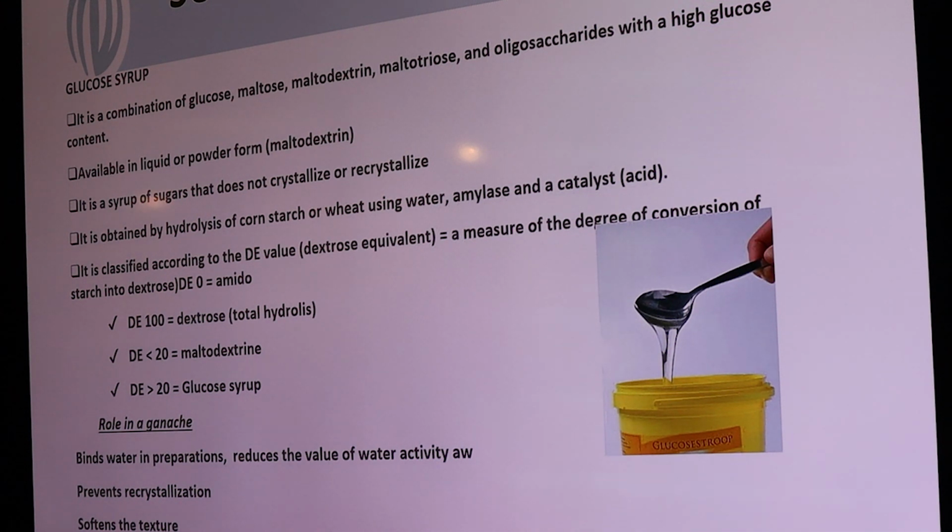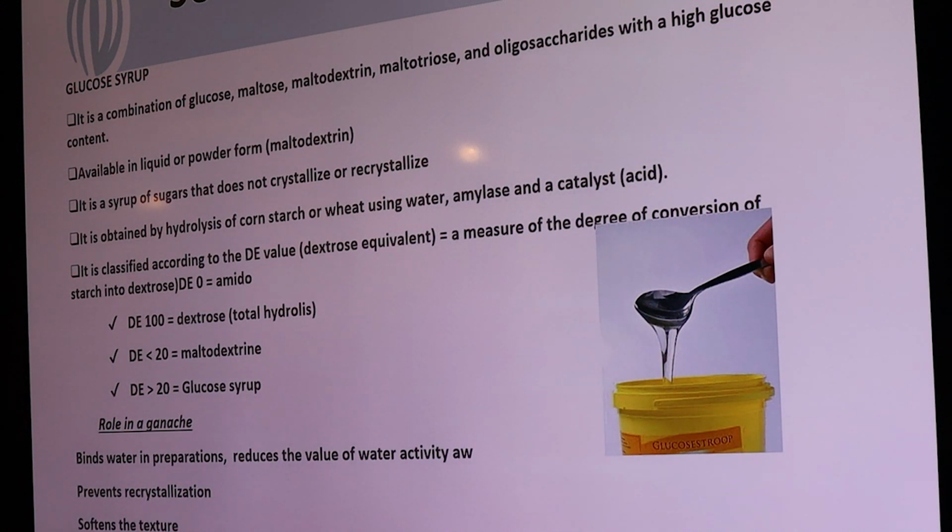So by choosing the right glucose syrup for the ganache, you also choose to have a much longer shelf life and much lower water activity. So when you choose the glucose, you have to find out what the DE is in the product.